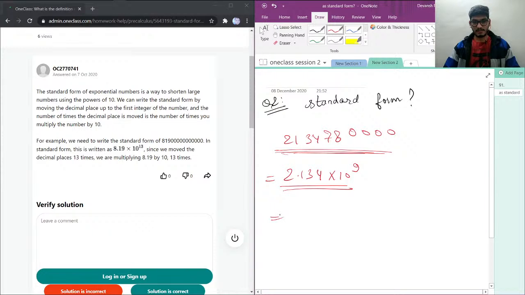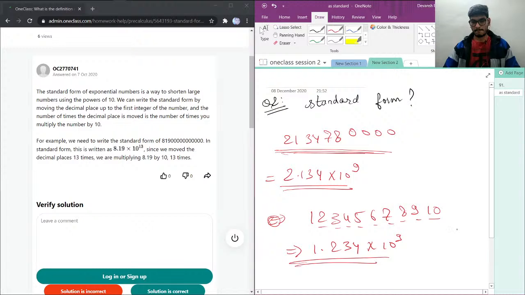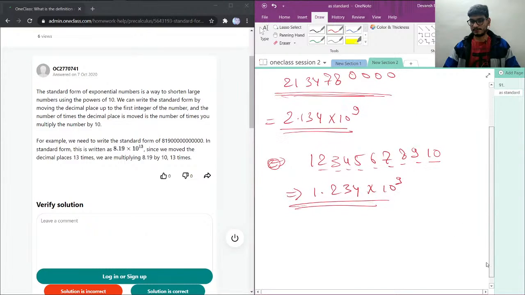Again, for a second example, let's say we have 1234567890. Then again I can write it as 1.234 times 10 to the power 9.